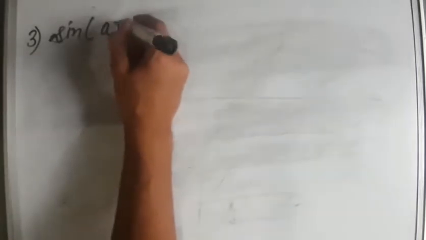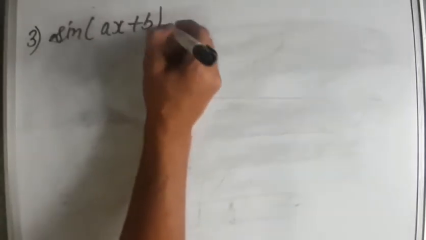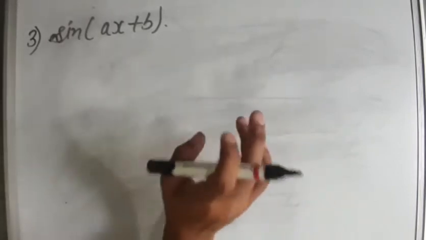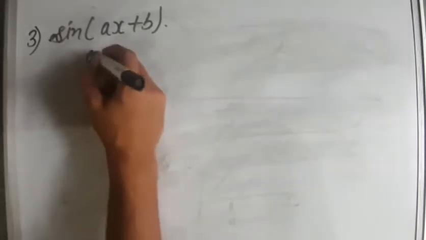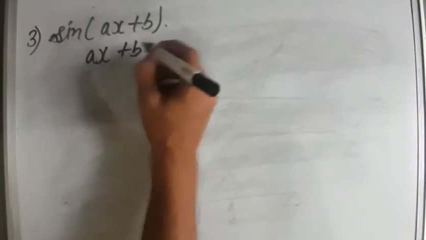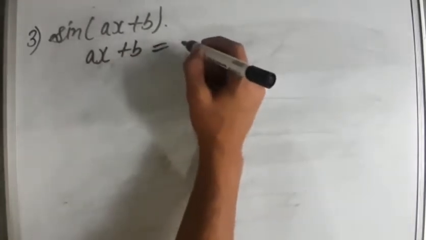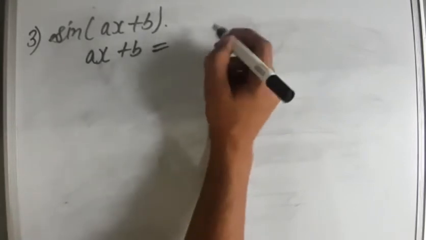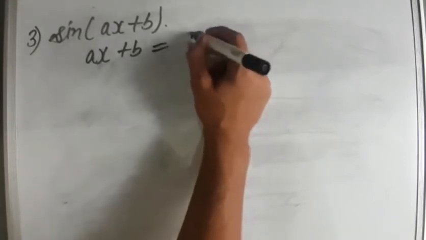Okay students, let us have a look at our third question, which is sin ax plus b, and we need to differentiate this. Now you can take ax plus b as anything. I am taking this as q.